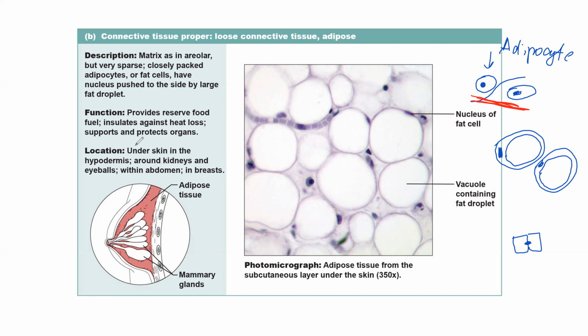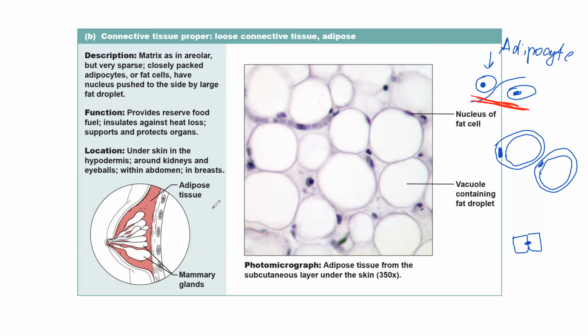Under that, you have dense regular, which we didn't cover yet, but underneath your skin, you have a layer of adipose tissue, which we call subcutaneous fat, or hypodermis. Hypodermis is the name for this adipose tissue underneath your skin. It's also around your kidneys, eyeballs, within the abdomen, in the breast.